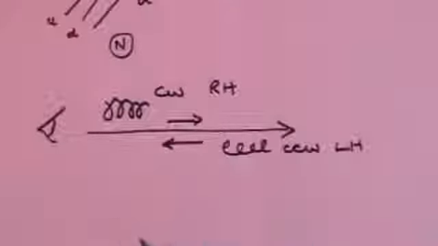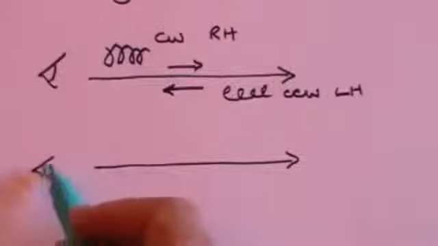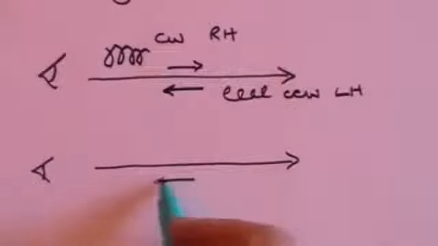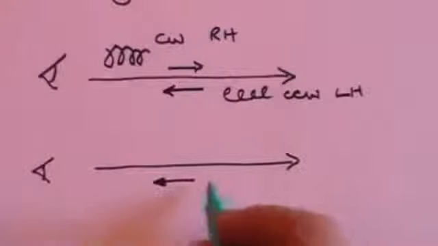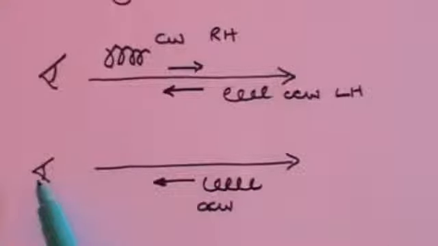The first one is this diagram I've just drawn you here. And let me just redraw it. Let's say this is the direction of travel. And let's say that I'm viewing the electron from here. And let's say that I do indeed measure a left-hand electron, which means that the spin is counterclockwise as viewed from here.